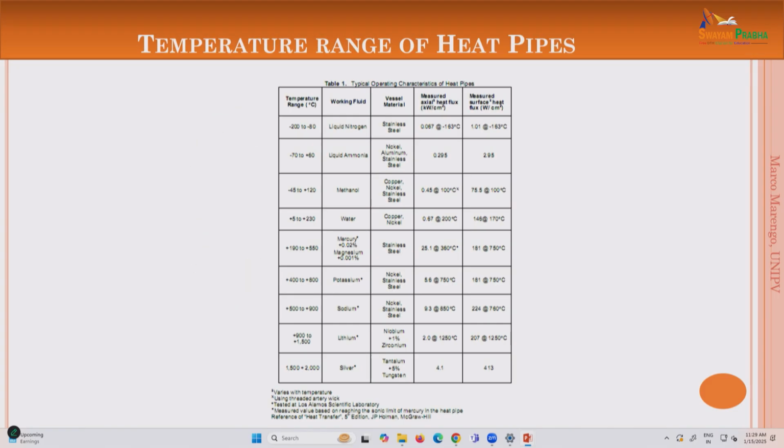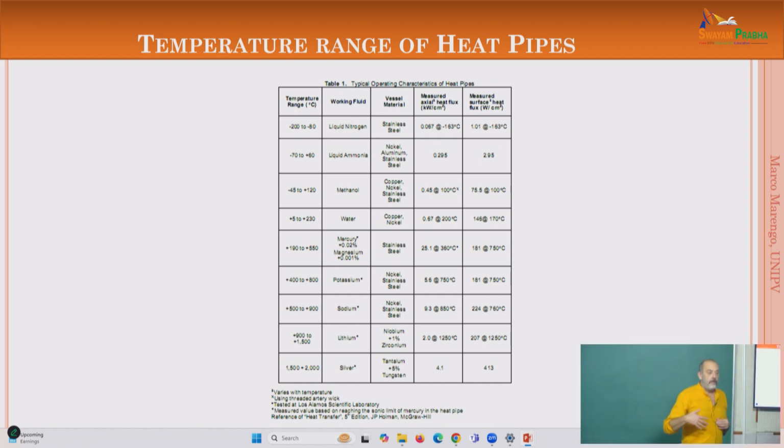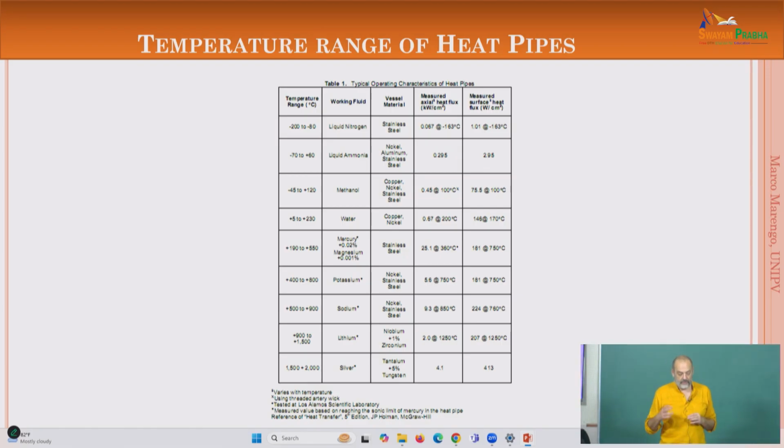Another point that is very interesting for the heat pipes is that we may have heat pipes from cryogenics, so liquid gas, up to liquid metals. So we can have minus 200 degrees, minus 250 degrees. Of course, there is a problem in the case, more than the fluid in this case, so we must use cryogenic techniques.